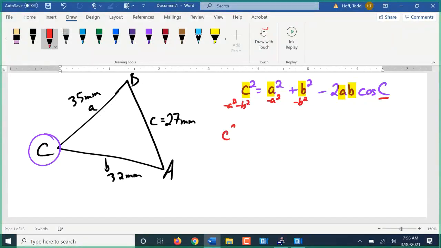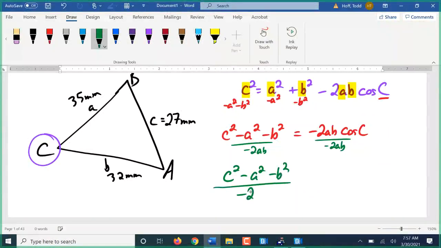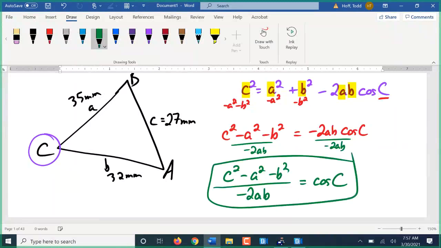That gives me C squared minus A squared minus B squared equals negative 2AB cosine C. Then I can divide both sides by negative 2AB, which gives us C squared minus A squared minus B squared over negative 2AB equals the cosine of angle C. That right there is what we want.